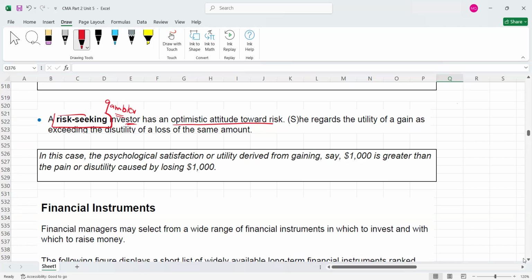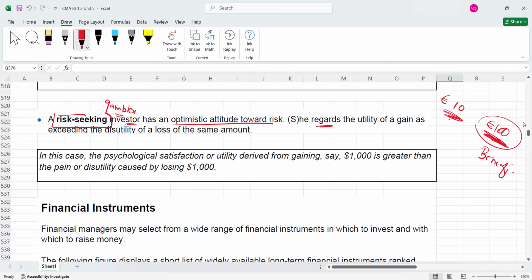Let's assume, for example, you are gambling 10 euro, and you know if you win, you will get 100 euro. So you will gamble, because if you lose, that is 10, but if you win, that is 100. So here you are more focused on benefit, not on loss. What you are losing is not more important. For risk seekers, the important thing is the benefit, how much they are getting.